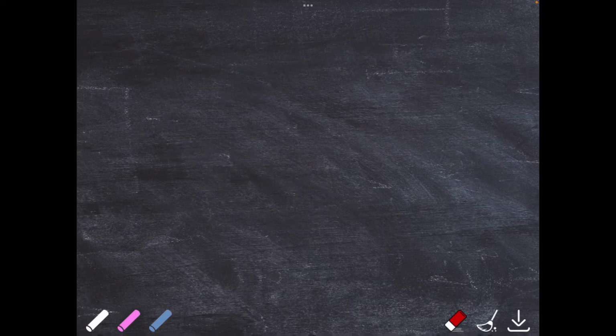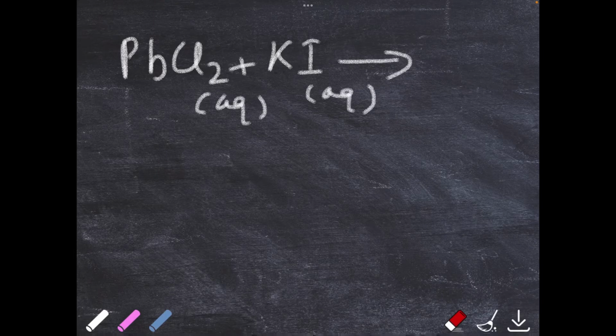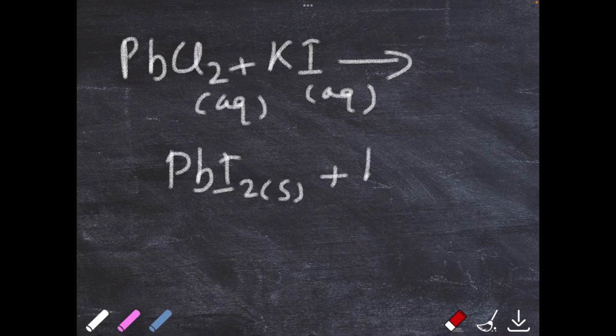Another precipitation reaction, which is very important, is PbCl2 plus KI. It will give you, again this is an aqueous solution, also an aqueous solution, PbI2 solid plus KCl.